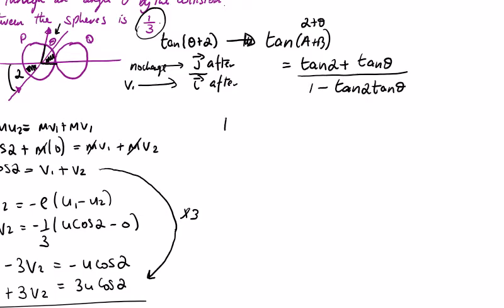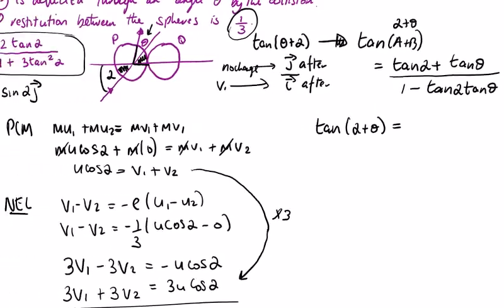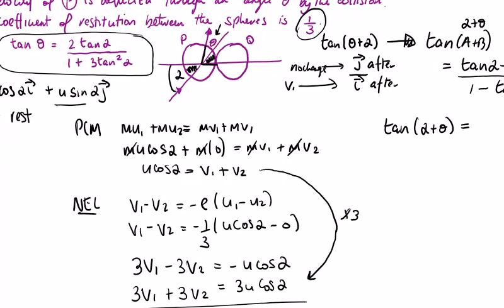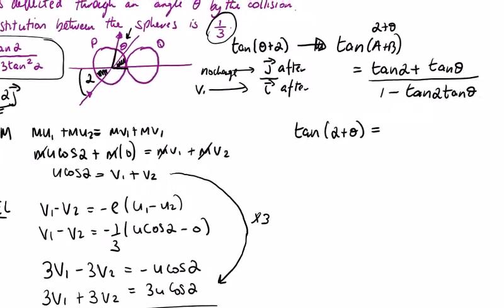So we also know that the tan of alpha plus theta is equal to, as we said, the j velocity over the i velocity. The j velocity, you can see, was u sine alpha over here on the left.